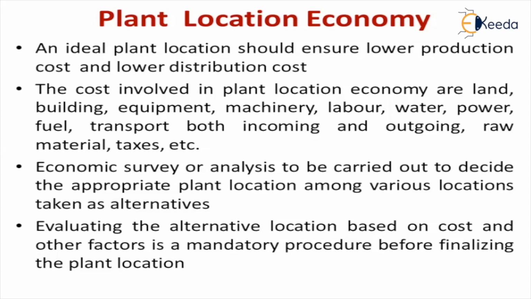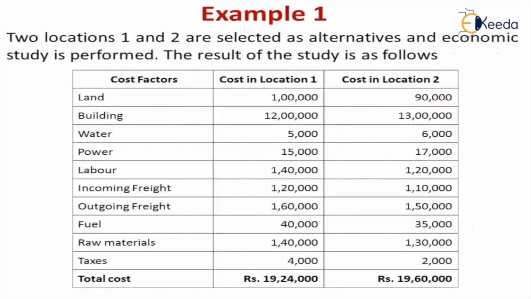So this is called the comparison of alternatives of my plant location economy. So how to select my alternative? So let us take an example. There are two locations that are selected for a plant location as alternatives.